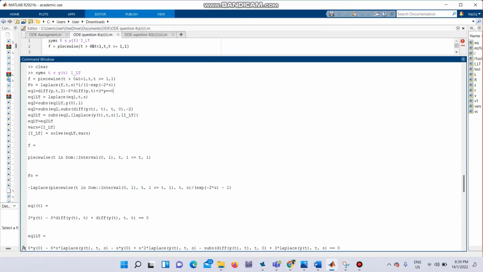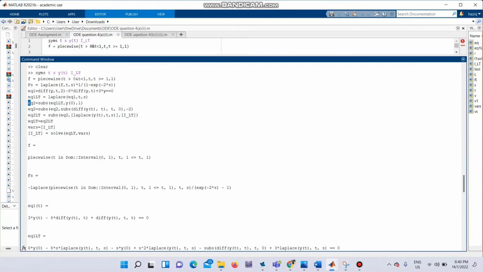Okay, the next part is equation 1 equal to the second derivative of y(t) minus 1 multiplied by the derivative of y(t) plus 3 multiplied by y equal to 0. The next is equation 1 lt equal to Laplace of equation 1, t and s. And then equation 2 equal to subs equation 1 lt, y(0) and 1.